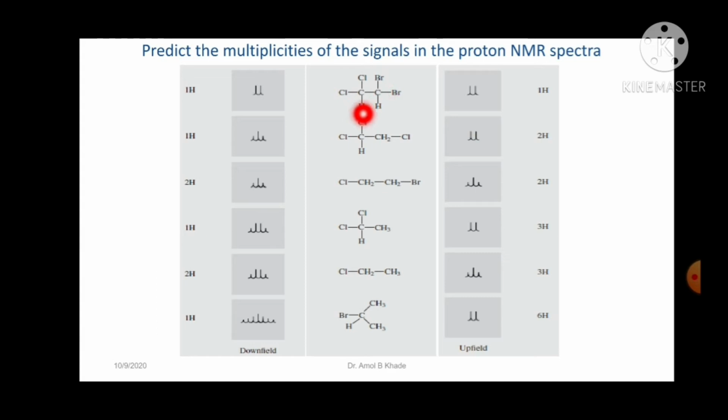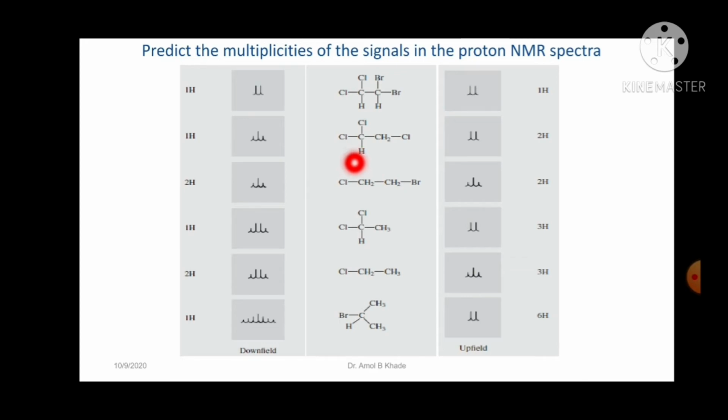So obviously the proton connected to the carbon with 2 chlorine atoms will be more de-shielded and will appear towards the downfield region compared to the proton attached to the bromines. So this one comes in the upfield region and this one in the downfield region.